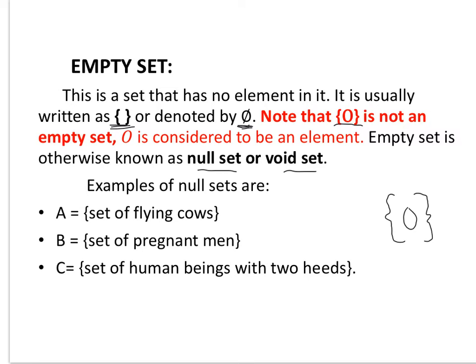Also C, the set of human beings with 2 heads. This is also impossible, and there will be no element in this set, so C is also an empty set. So these are 3 examples of null sets, that's empty sets.